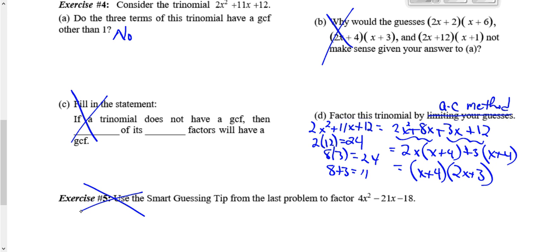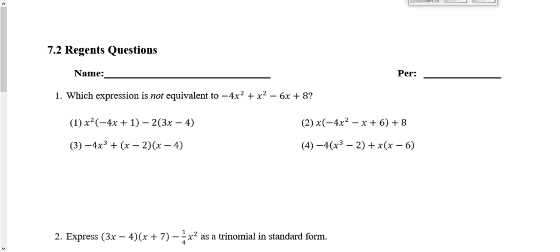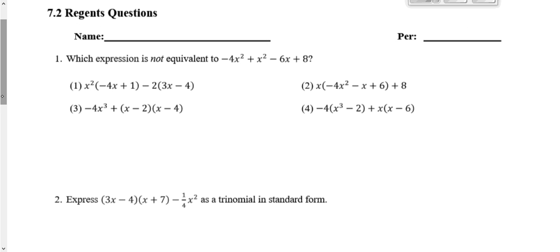We are going to go back real quick to read these questions on 7.2, numbers 1 and 4, page 19. Well, let's look at this.